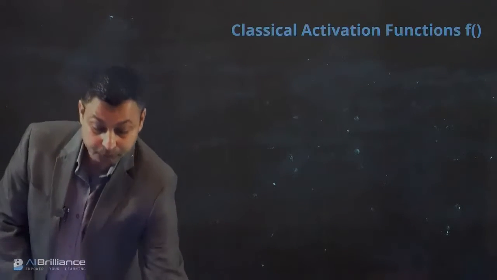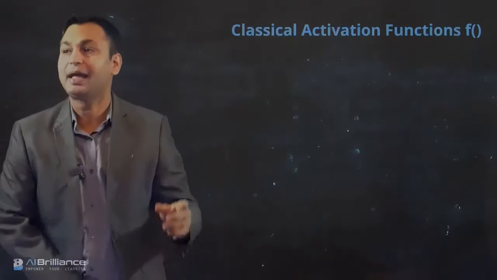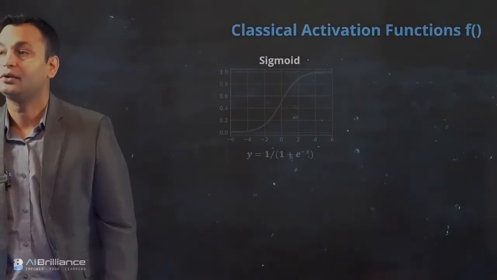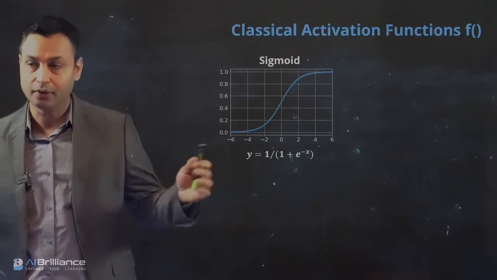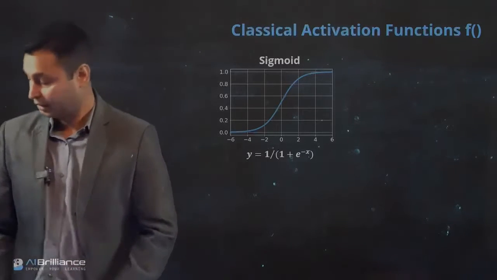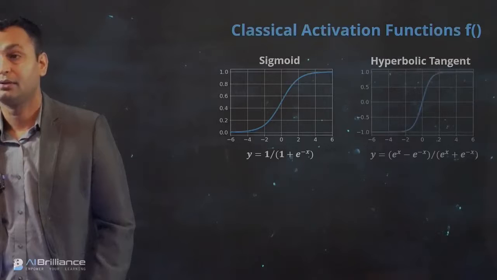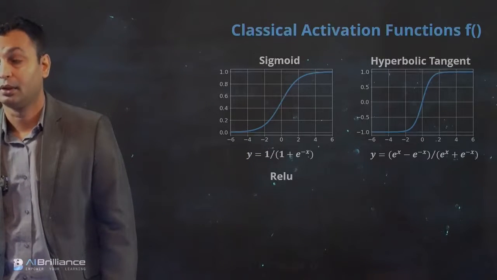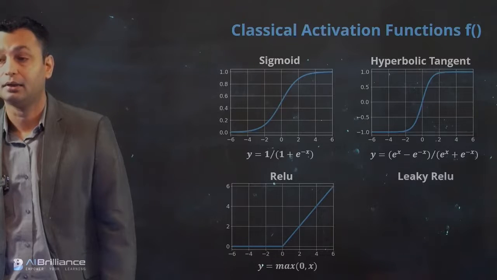So let's look into some of the activation functions that are used in general in neural network pipelines. The main activation functions that we see being used nowadays are the sigmoid function, the tanh function, the hyperbolic tangent function, the ReLU function, and the leaky ReLU function.